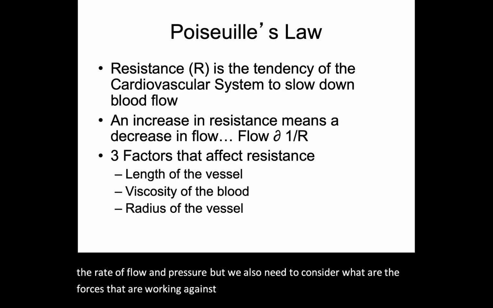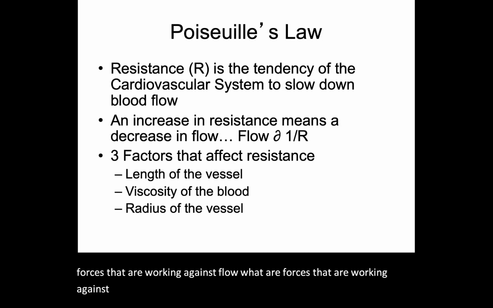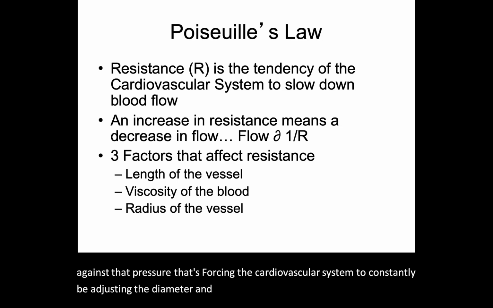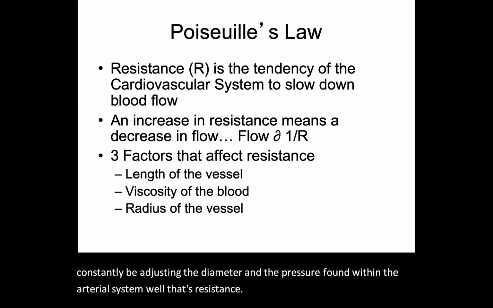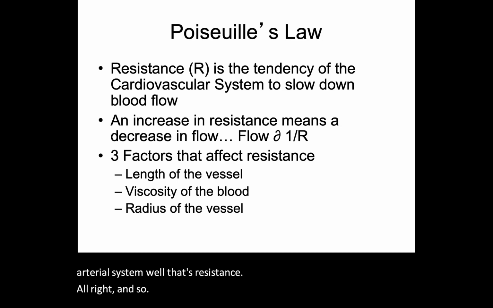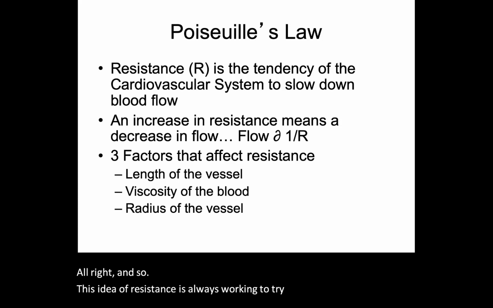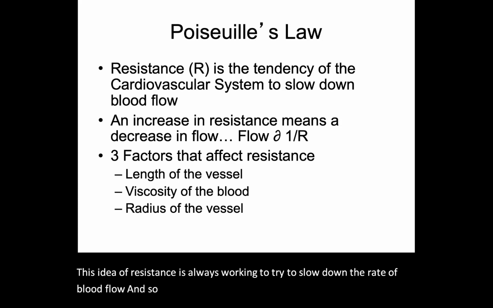What are the forces working against that pressure, forcing the cardiovascular system to constantly be adjusting the diameter and the pressure found within the arterial system? Well, that's resistance. This idea of resistance is always working to try to slow down the rate of blood flow. Resistance is against the notion of flow.